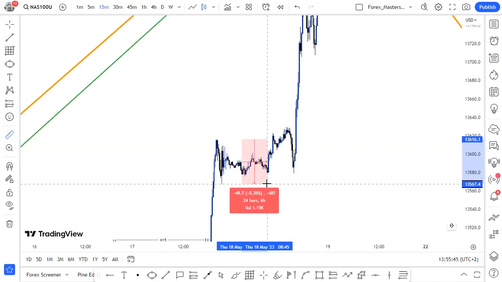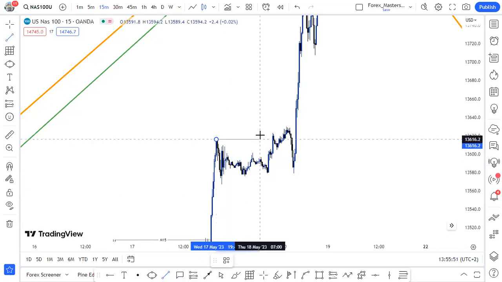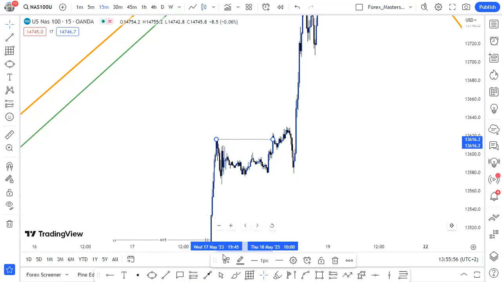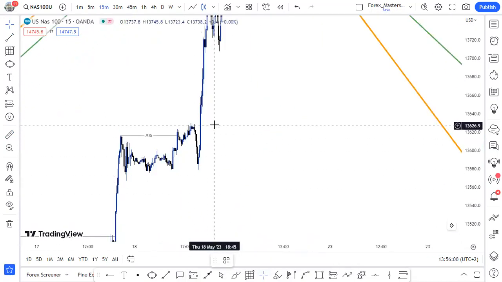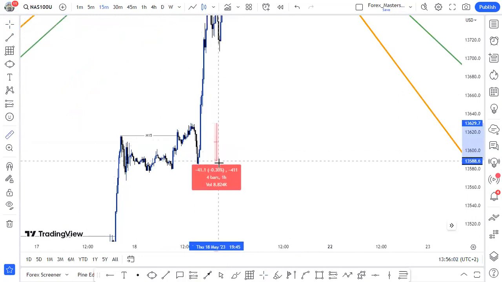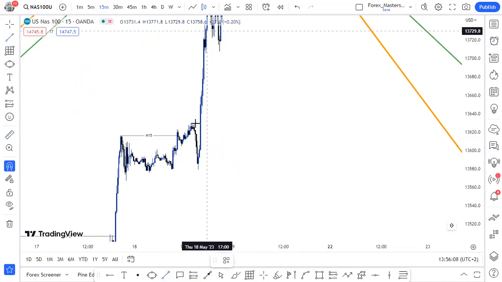Yeah, 46, 47, 48, 49. So we can just round it up. At least it's 49 points, and 49 is close to 50. So we can compromise on that one and just pick it up as a structure. All right, so this one is also 50. So it's also M15 structure.